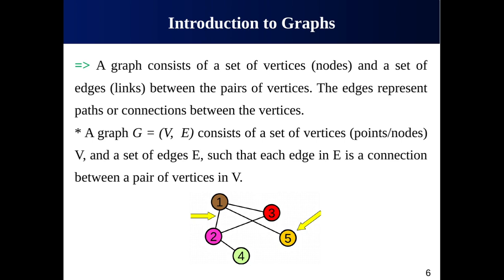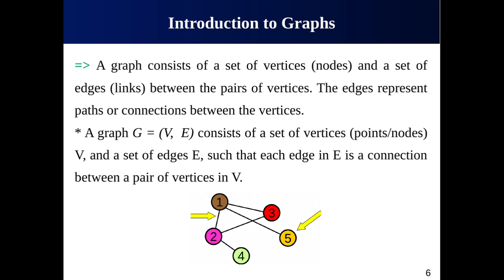Data structures like array, stack, queue, linked list, etc. are examples of linear data structures. On the other hand, data structures like tree and graph are commonly referred to as non-linear data structures. Why? Because the elements are represented in the form of a hierarchy, in the form of levels.